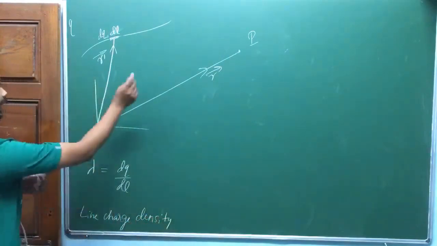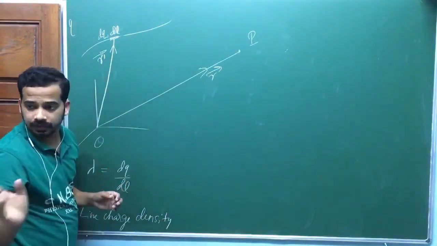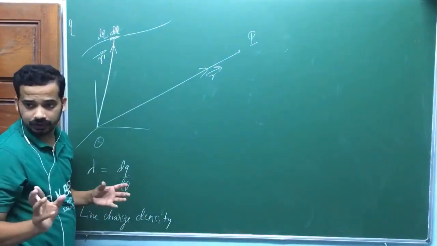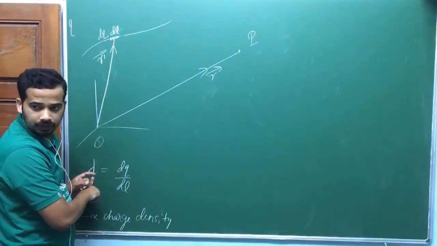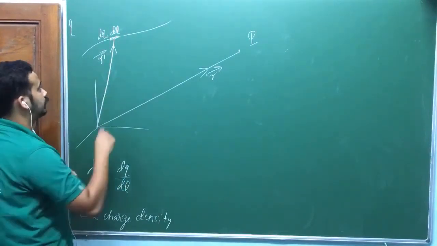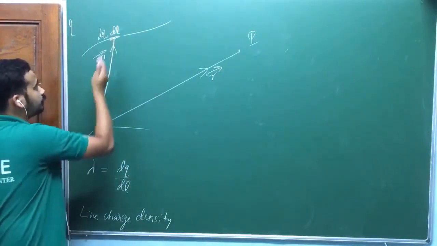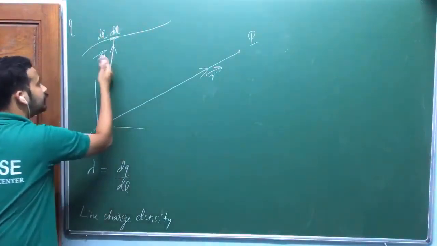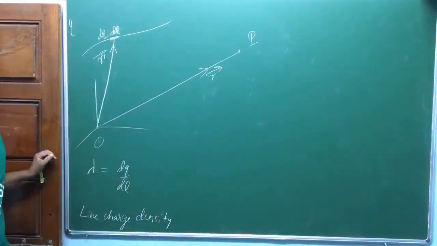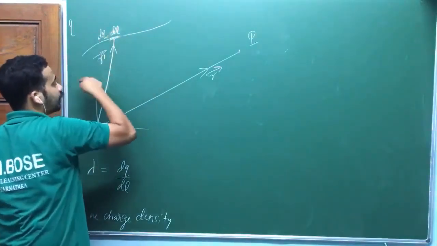Now look at here. That line charge density may be different at different positions of the line, as I told you; in the most general case it may be variable. What do we mean by different positions of this line? That means different r prime vector. When you sweep this dl, r prime vector is changing.